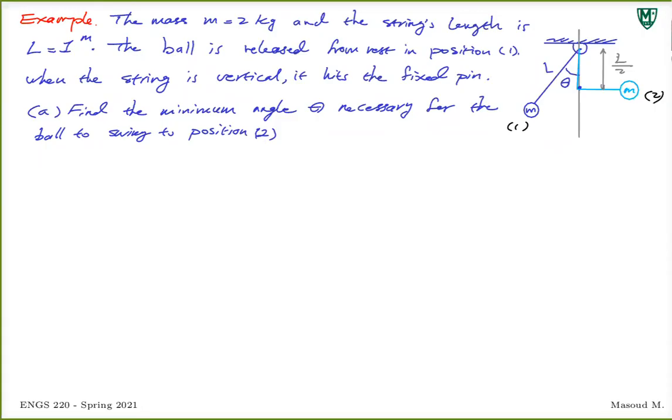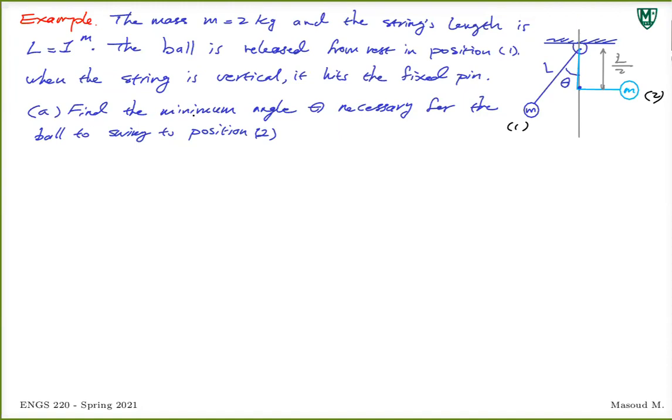From 1 to 2. Now, if you wanted to do this with Newton's method, things are going to get very messy. You have to track the motion. You have to figure out so many things that you probably don't even know. For this case, when we're using energy method, it's relatively straightforward.